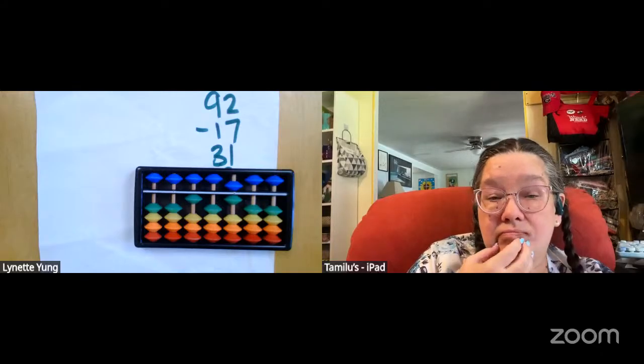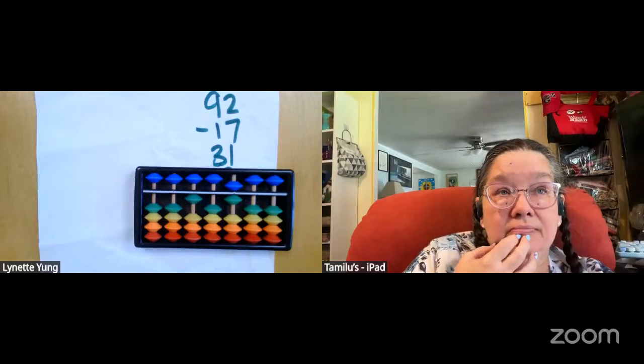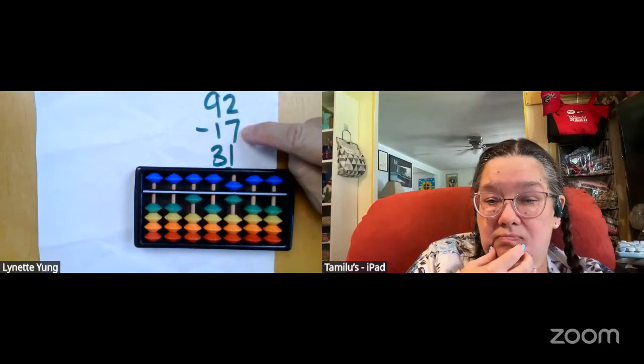When I was doing that first one, I kept on subtracting. You have the 17, and I minus the 10, and then you're supposed to minus the 7 over here, and I kept on minusing another 10. So look, 92.